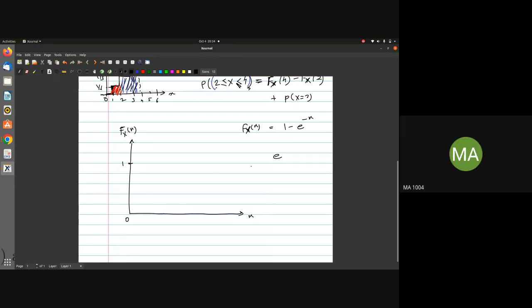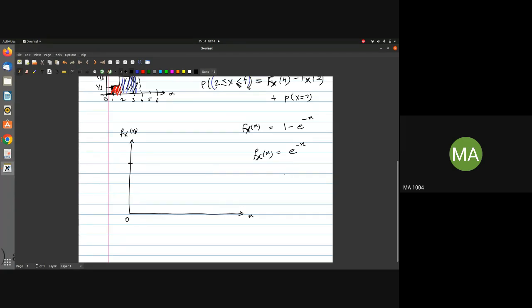Okay, one minute. Let's start with the PDF first, then we'll find the CDF. What is the PDF of an exponential random variable? Lambda times e raised to minus lambda x. So in this case it starts from 1. First I'll write f_X(x).